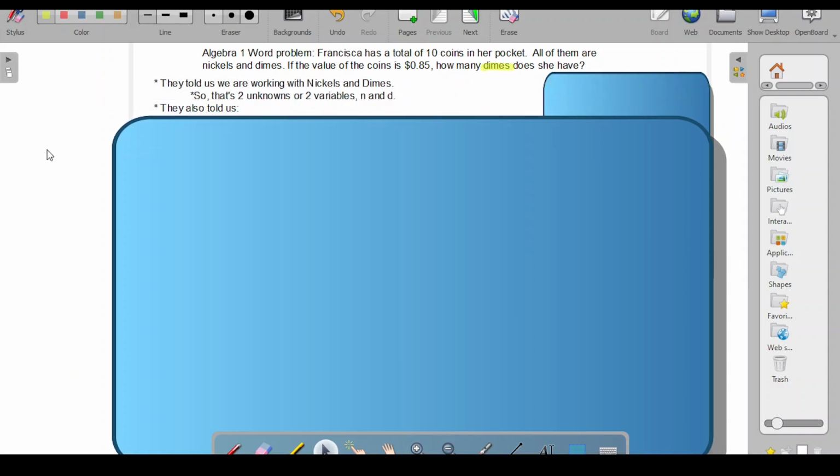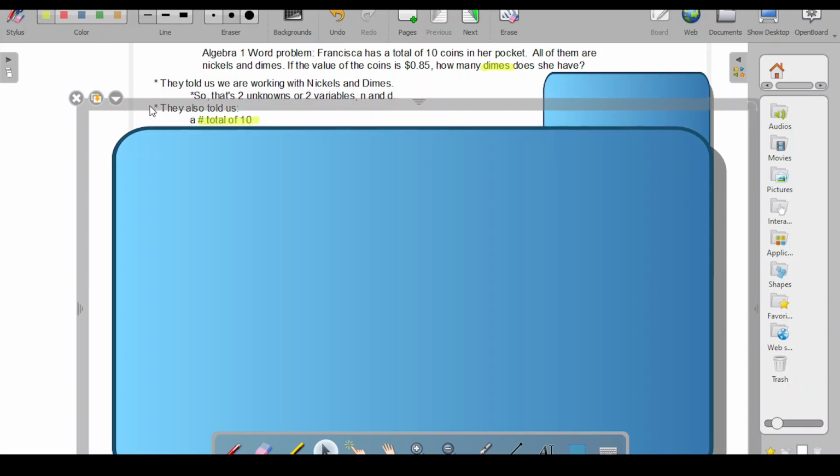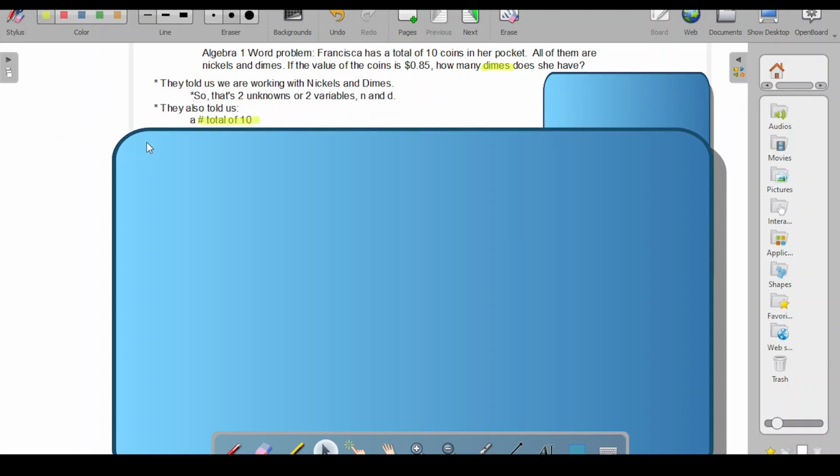They also told us a number total of 10. So they told us that the total number of coins is 10. So I'm calling that a number total.